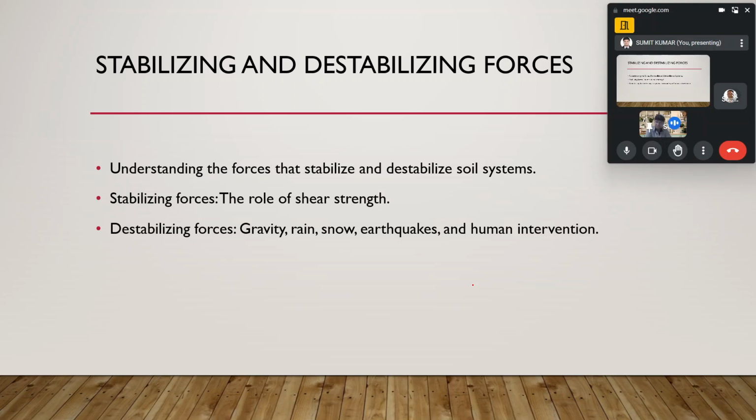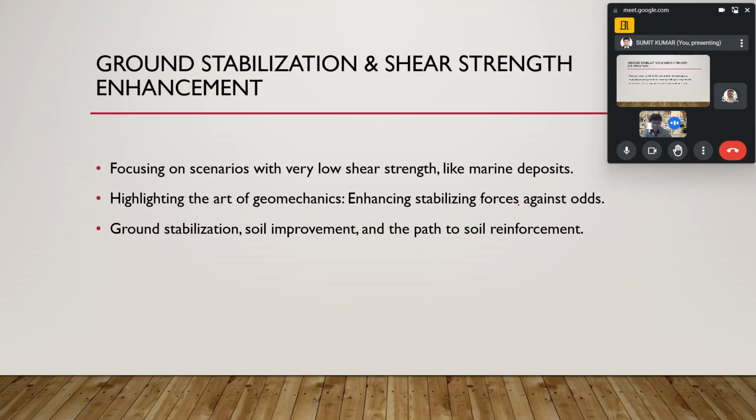If shear strength is not there, the soil is never stable and it will draw down instantly. Similarly, the destabilizing forces are gravity, rain, snow, earthquake, and human interventions, which lead to destabilizing the soil present in a specific condition.